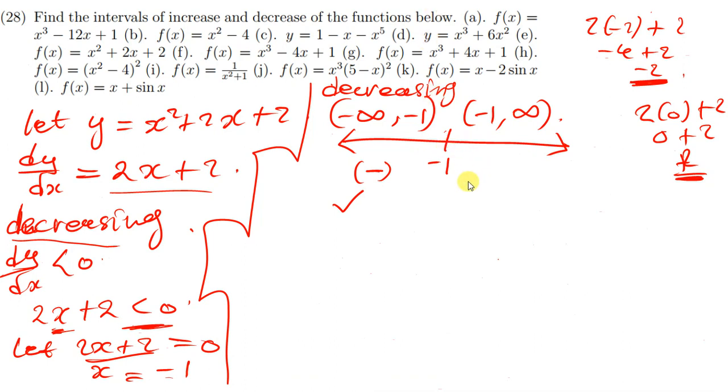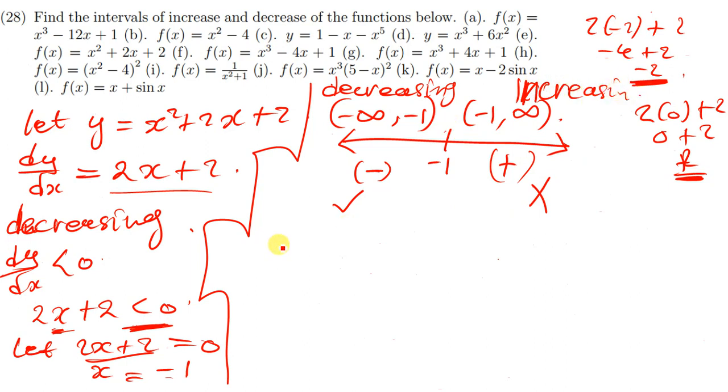On this side we found a positive answer, so we write positive there. So is a positive number less than 0? No. If it's not less than 0, the function here is not decreasing, and hence it's increasing. So it's increasing this side.